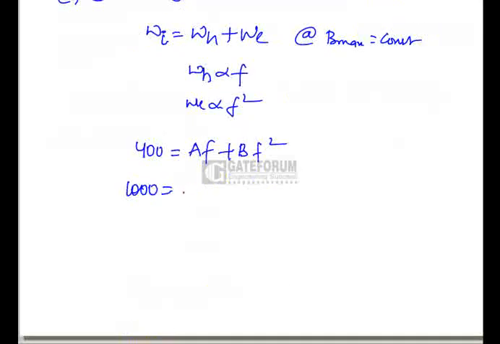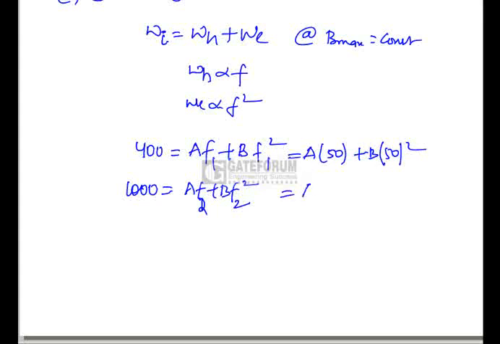So 1000 is equal to A times F plus B times F square. This is measured at different frequencies, F1 and F2. At 50 hertz, A times 50 plus B times 50 square equals 400, and at 100 hertz, A times 100 plus B times 100 square equals 1000.